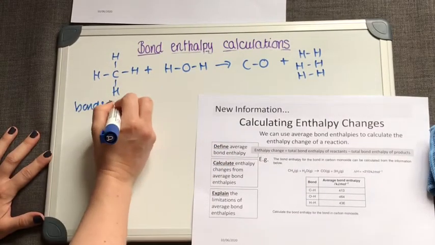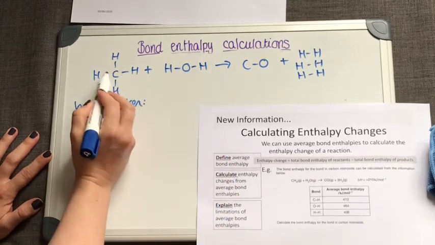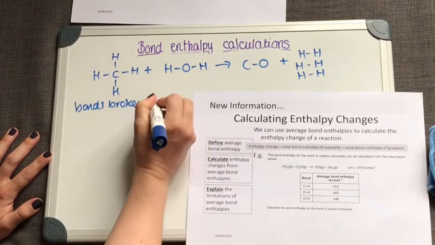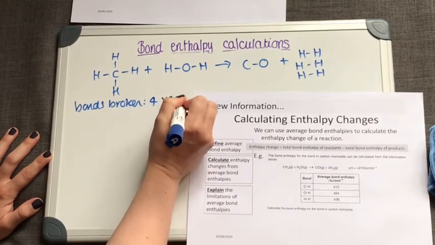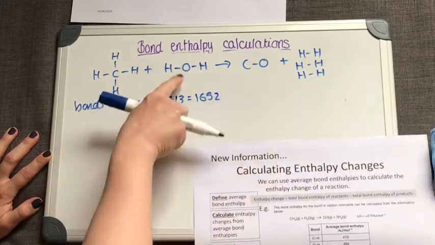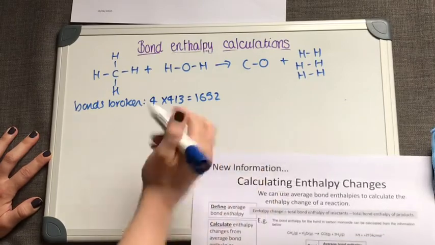So my bonds broken are going to be 4 lots of my CH bond. When I look in the table, that's a value of 413. And 2 of the OH bond, which in the table has a value of 464.